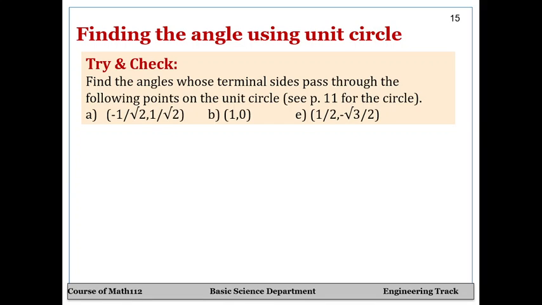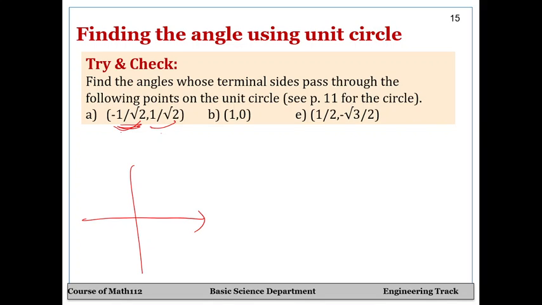Find the angles whose terminal side passes through the following points on the unit circle. Okay, this (-1/√2, 1/√2). It's obviously telling us this is cosine of something and this is sine of something. Let's find where it is.